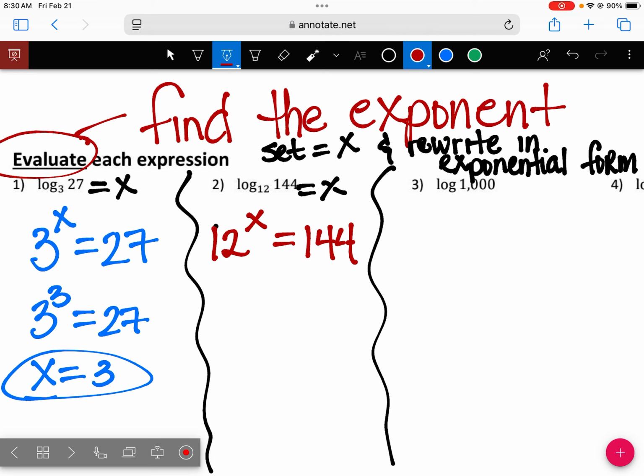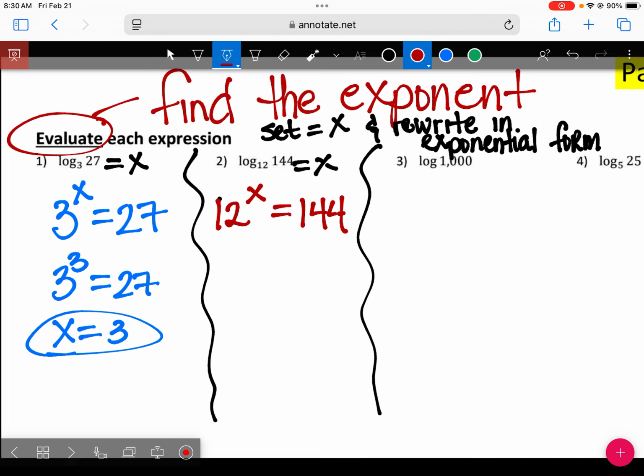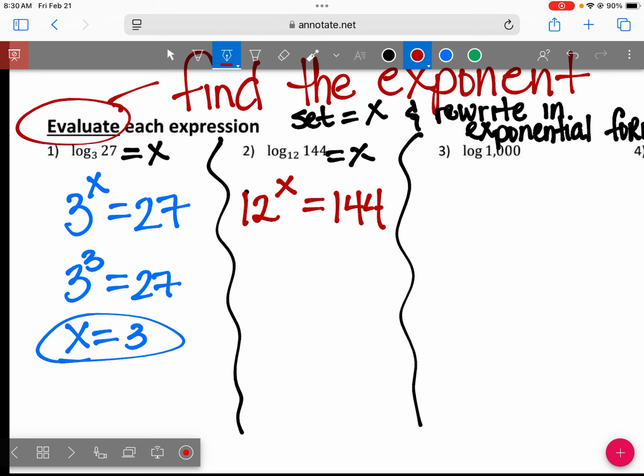We're on page 6. So 12 to the what power would give us 144? Show me with your fingers when you figure out what the exponent has to be. 2, you're right.